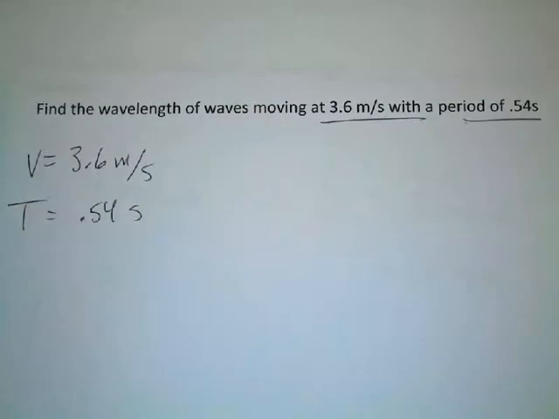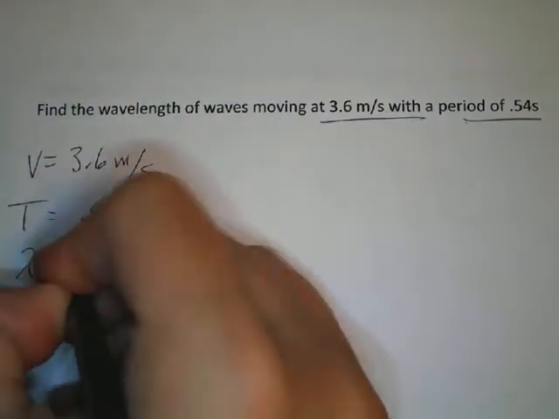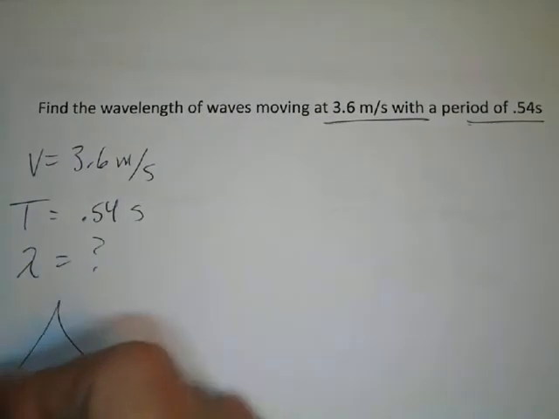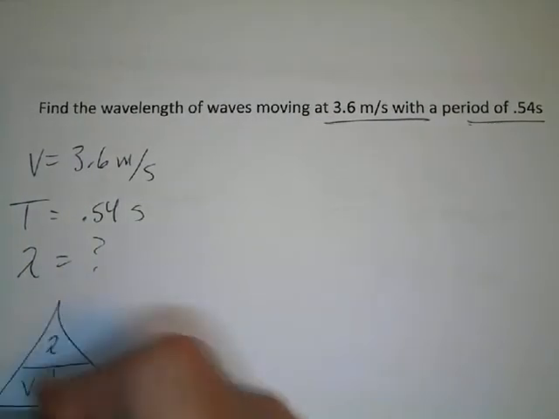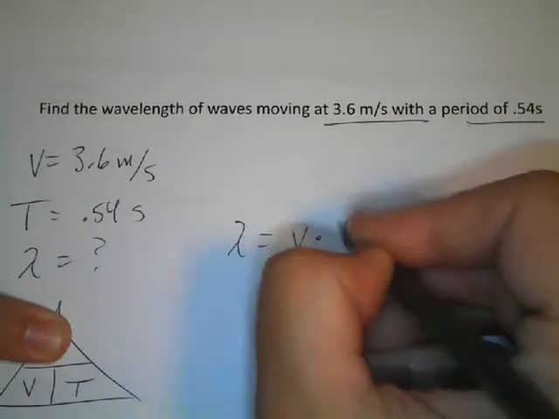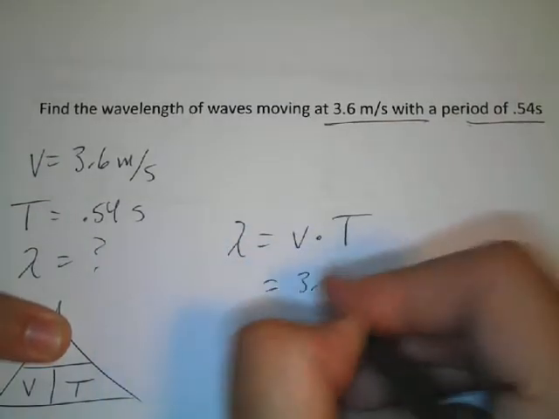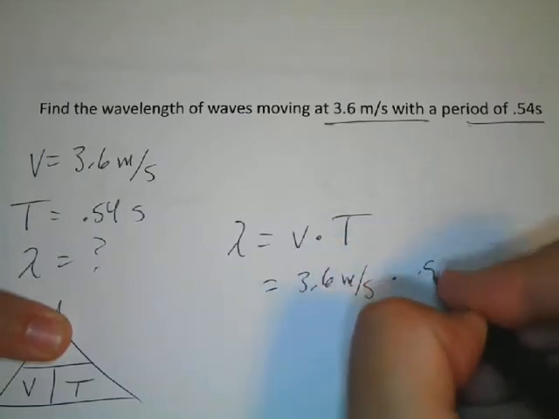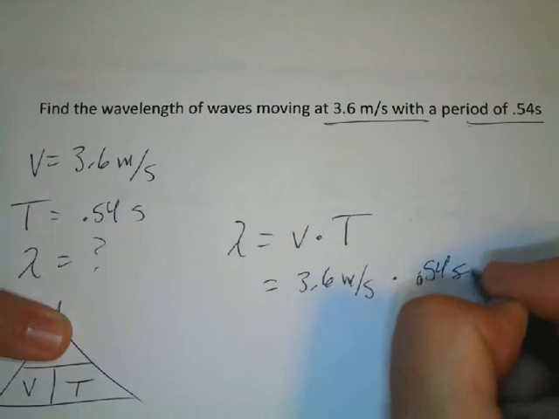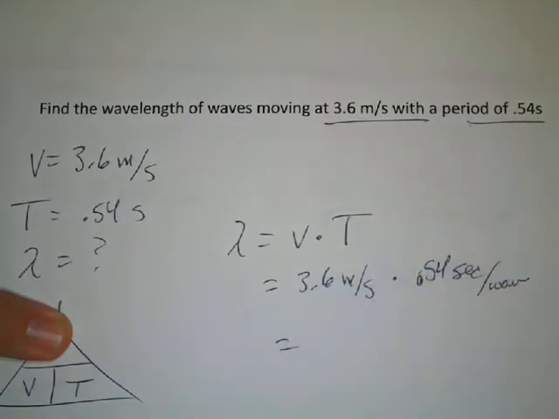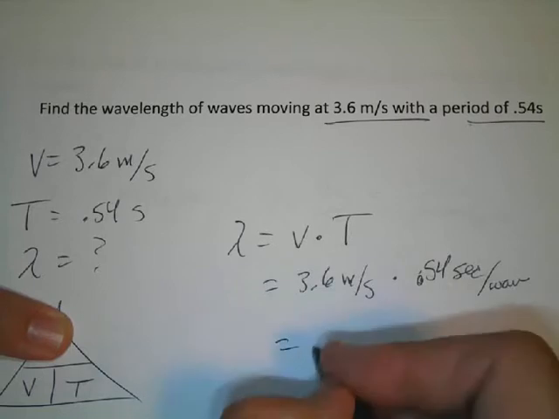So according to this, lambda is equal to velocity times period. So I have 3.6 meters per second times 0.54 seconds per wave, and that equals 1.94 meters per wave. So they have a wavelength of almost 2 meters. Those are some pretty big waves.